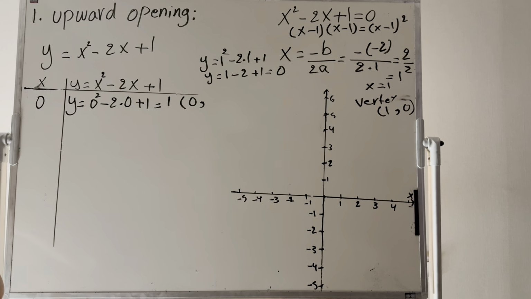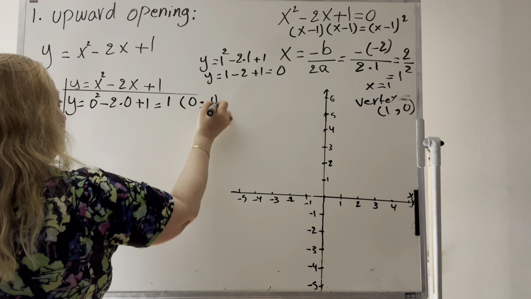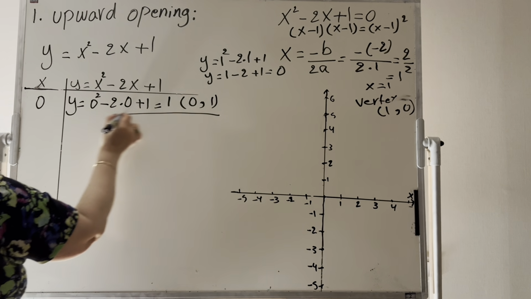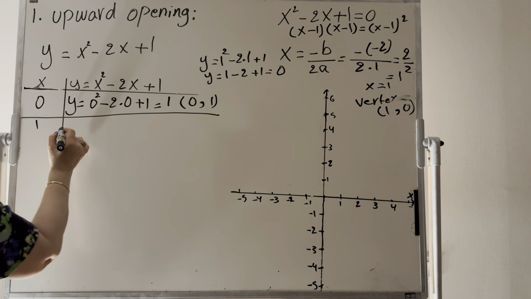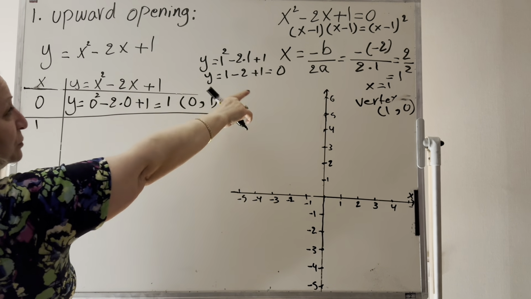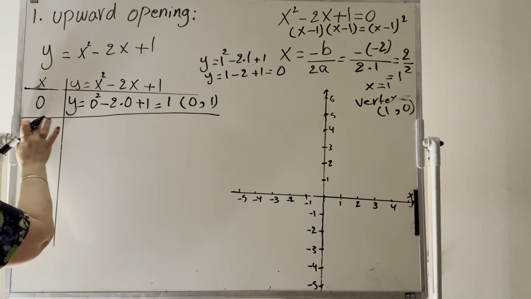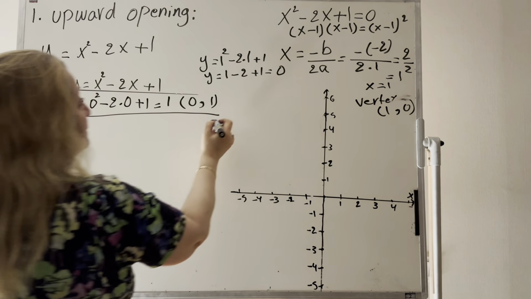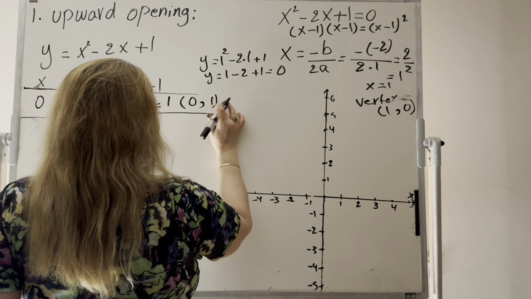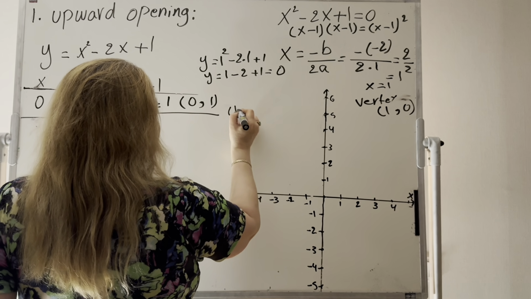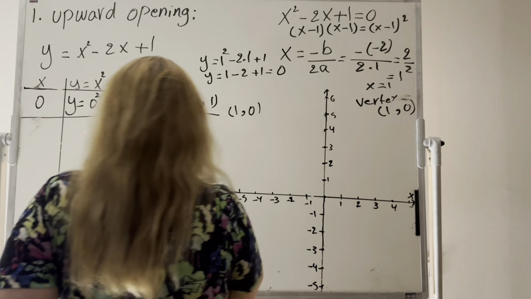When x equals 0, y equals 0 squared minus 2 times 0 plus 1, which equals 1. So when x equals 0, y equals 1. Then I will choose x equals 1, and we did this here, so I don't need to do it again. I have the vertex: when x equals 1, y equals 0.